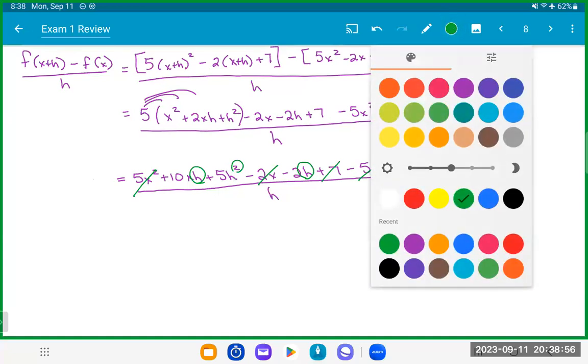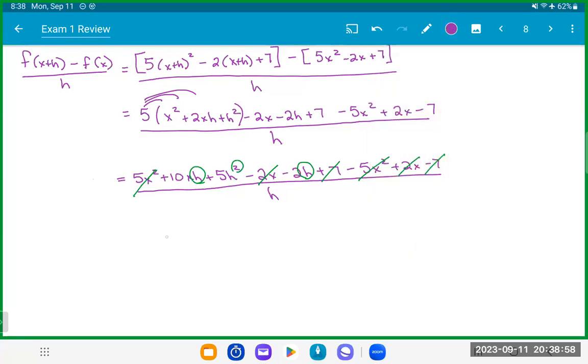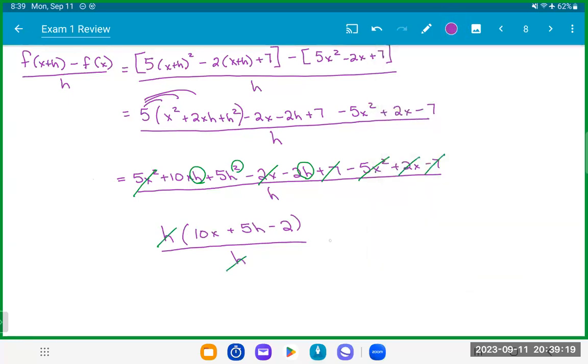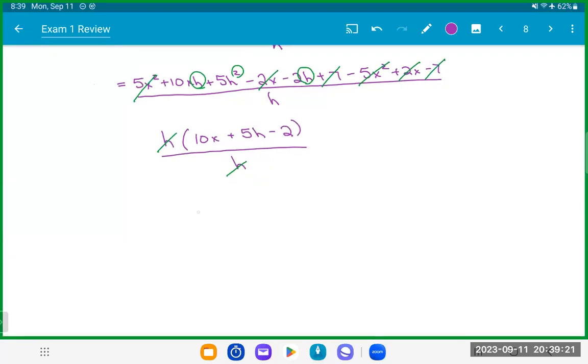So let's go ahead and factor an h out of everything. So if we factor an h out, that's going to leave me with 10x plus 5h minus 2, all divided by h. And now I can cancel the h in the numerator and the denominator. And that's going to leave me with 10x plus 5h minus 2.